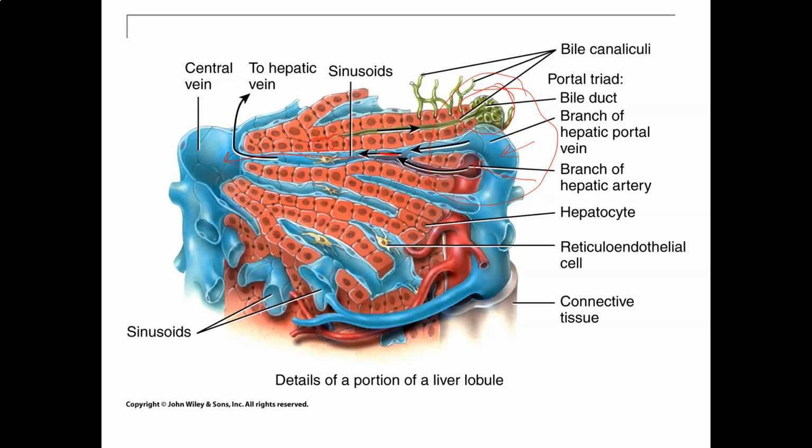It also contains some old heme, which is going to enter your digestive tract and then be excreted with your feces. So it's also a way of getting rid of some old heme. So make sure you can describe the portal triad. What are the three vessels or duct that are part of it?